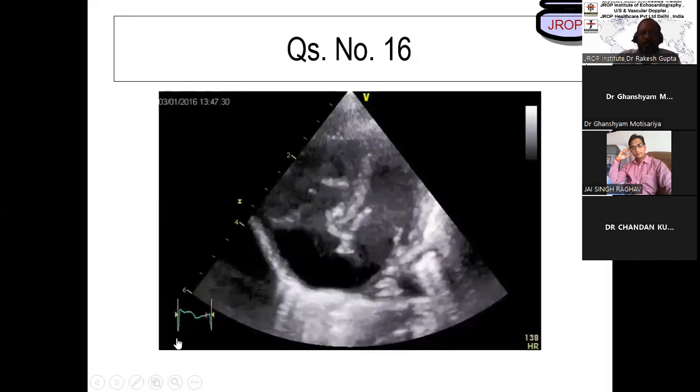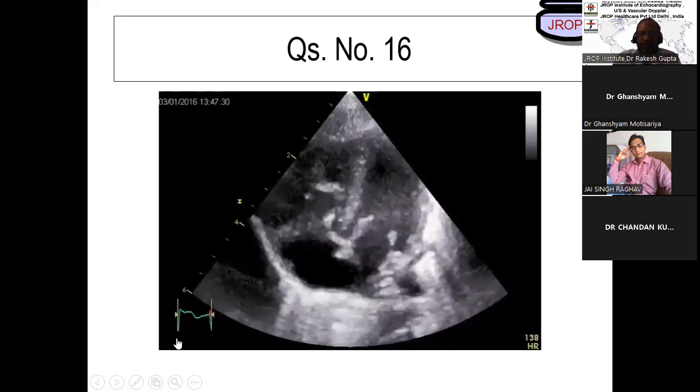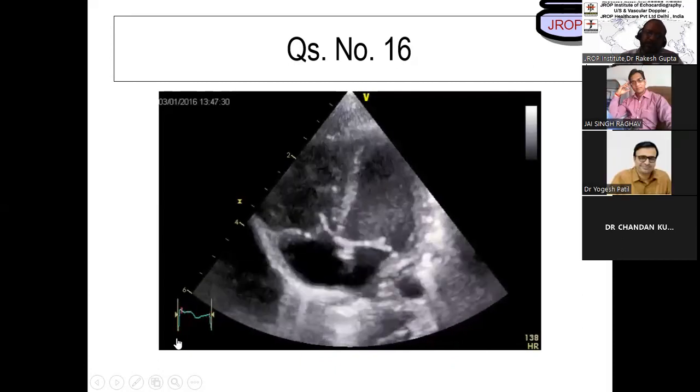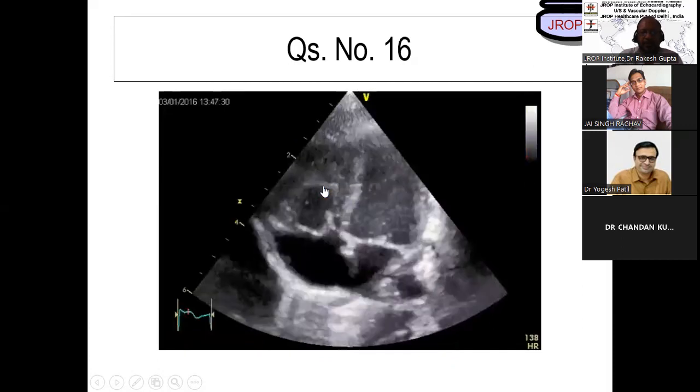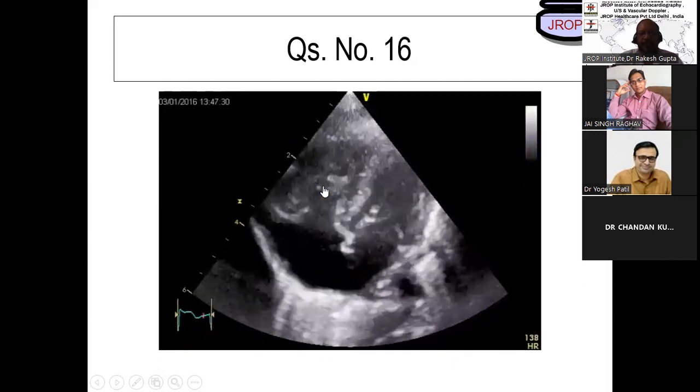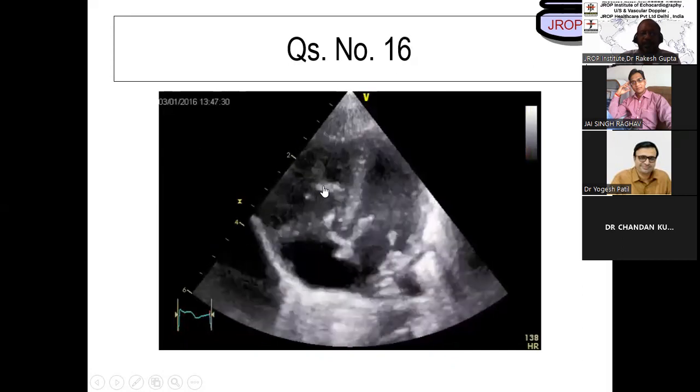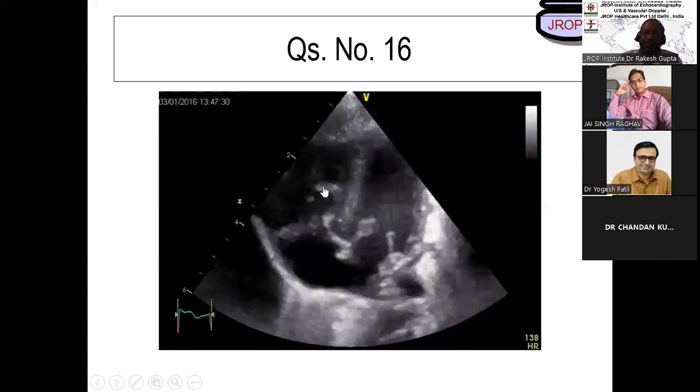Do they look normal? Both the valves. I'll go back and play again. Look at the accessory band. It is so thick and calcified.